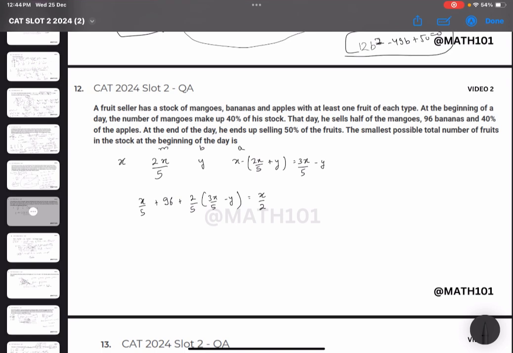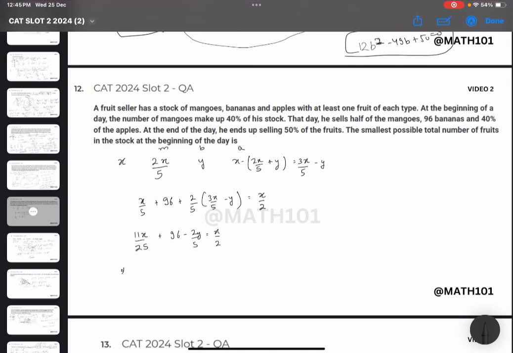Solving this, we get x by 5 plus 6x by 25, which is 5x by 25 plus 6x by 25, is 11x by 25, plus 96 minus 2y by 5 equals x by 2.